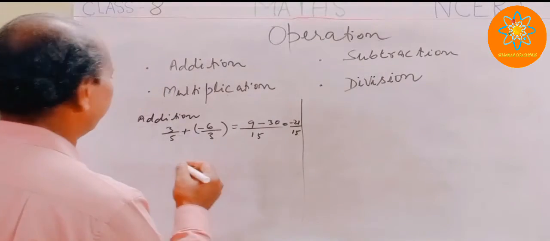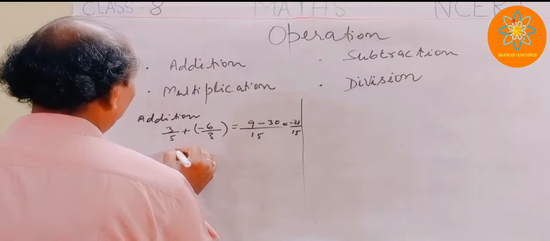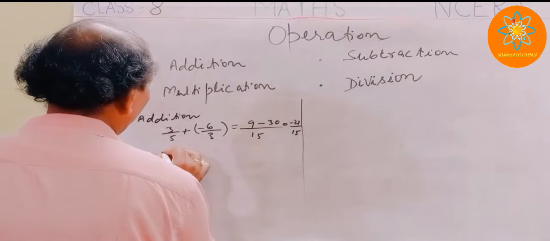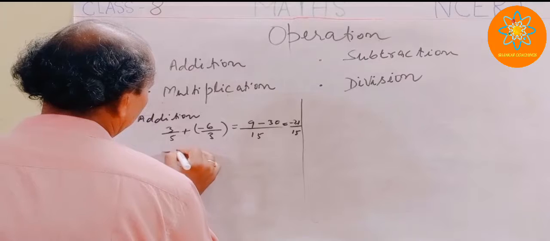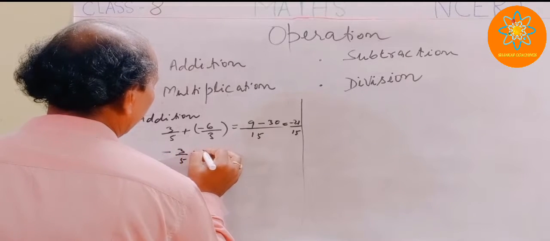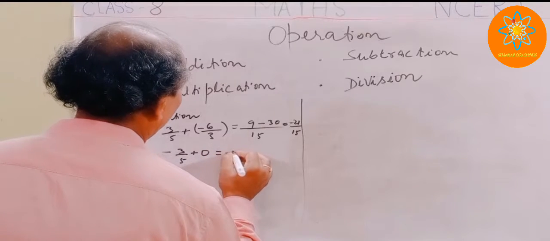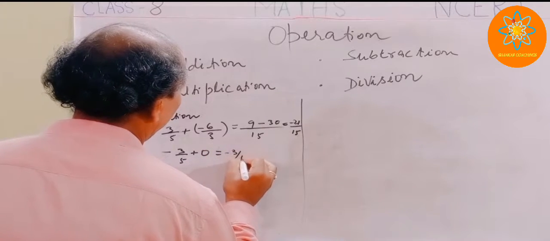Now see, in the addition there is one special case. What is that? Suppose I have minus 3 by 5 and we add plus 0. I will get minus 3 by 5.